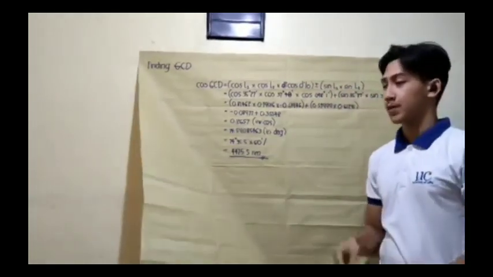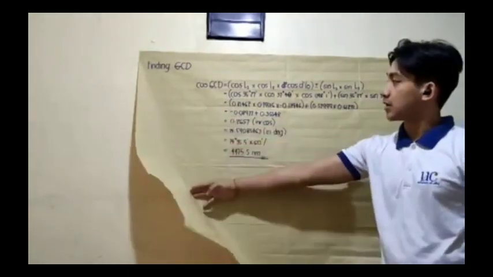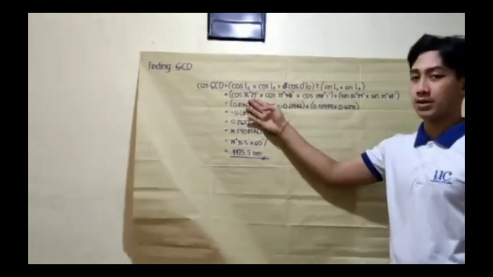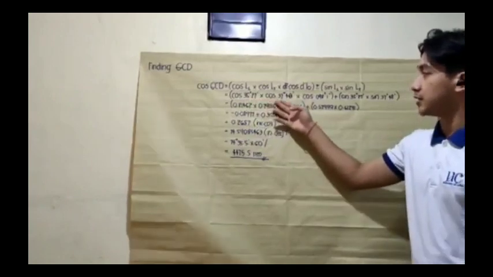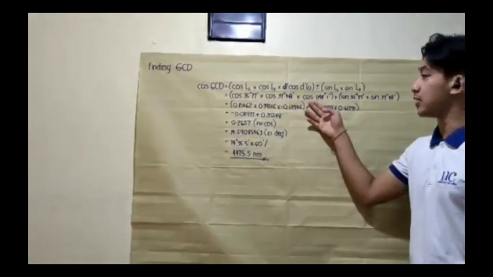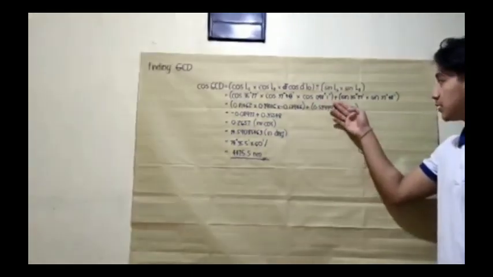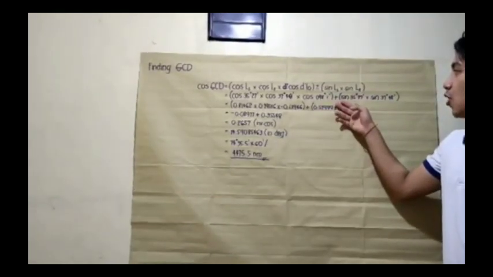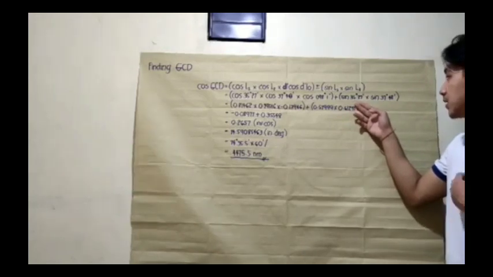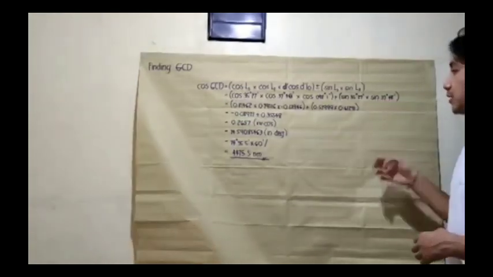So for the next step, we will substitute. Okay, so here we got open parenthesis again, cosine 35 degrees 27 minutes times cosine 37 degrees 48 minutes times cosine 098 degrees 01 minute, then close parenthesis, then addition, then open parenthesis again, sine 35 degrees 27 minutes times sine 37 degrees 48 minutes, then close parenthesis.